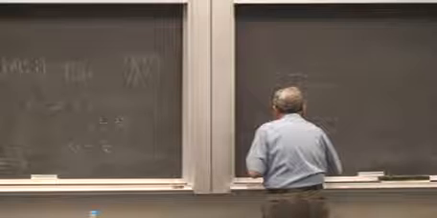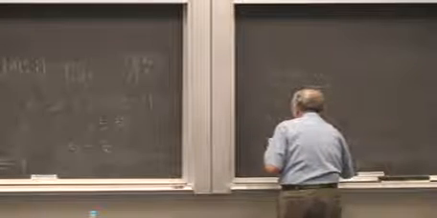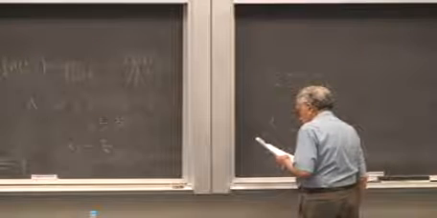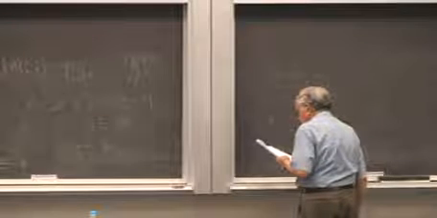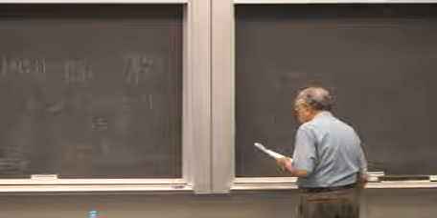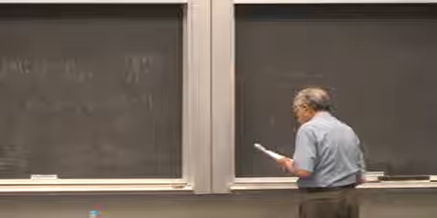Where U inverse is 1 over determinant U, U1 1, U2 1, U1 2, U2 2. Anyway, you can write down determinant U and so on.